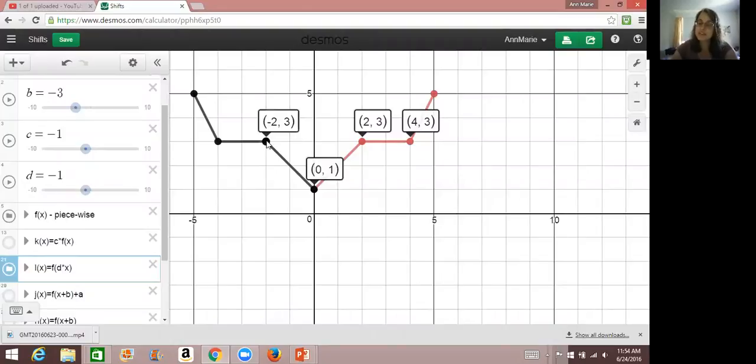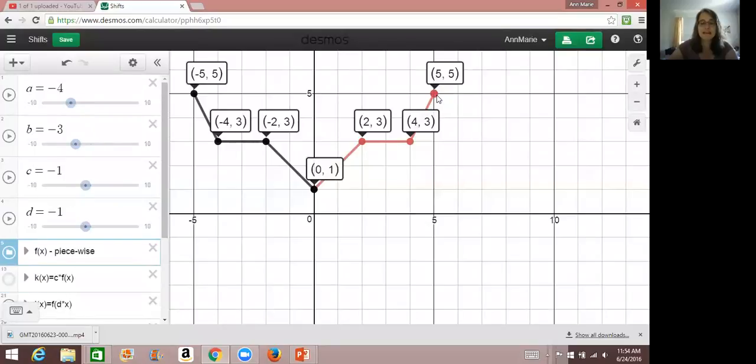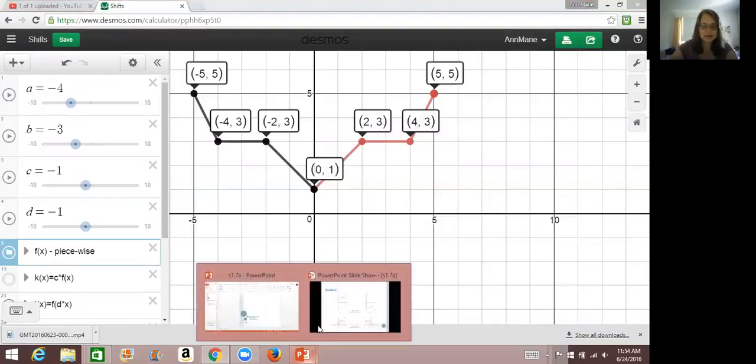Because we reversed the signs on the x-coordinates. And yes, you can have both, and if we did that, we would end up with something down here. We'll play with this a bit more in a minute.